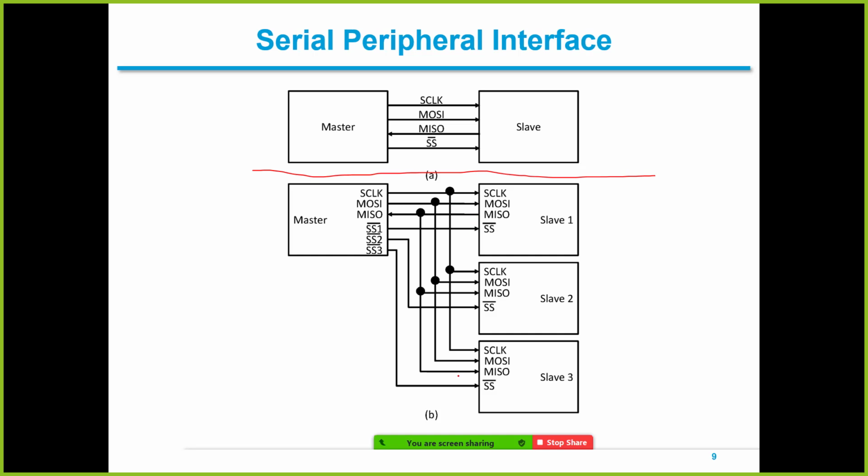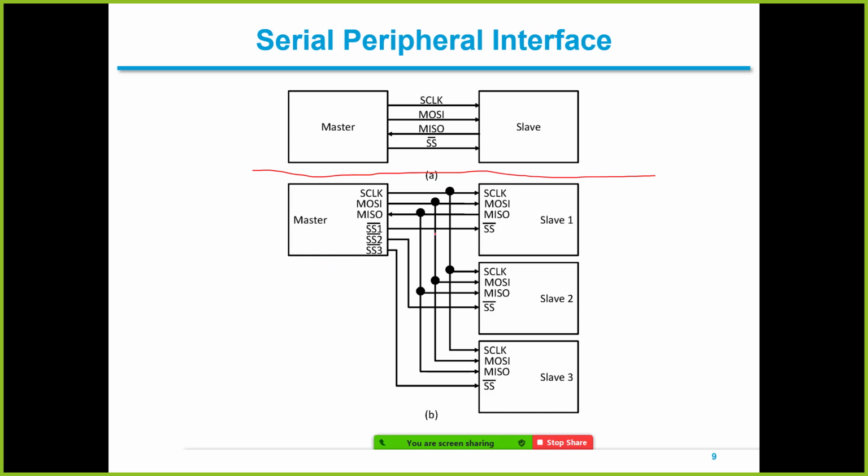For slaves, you can see they share the connection with the pins in the master unit: clock, master out slave in, master in slave out. They have to share these pins because there is only one master.